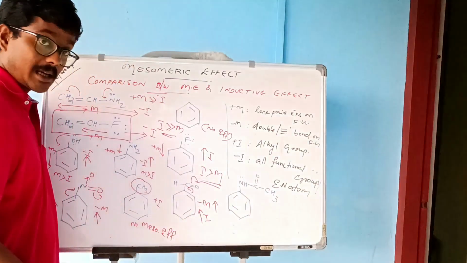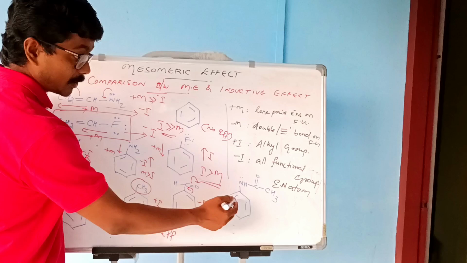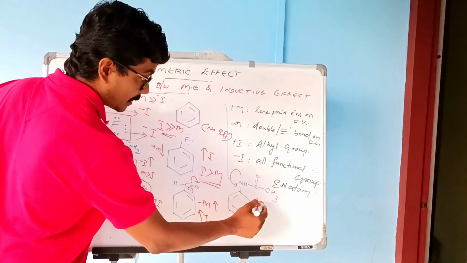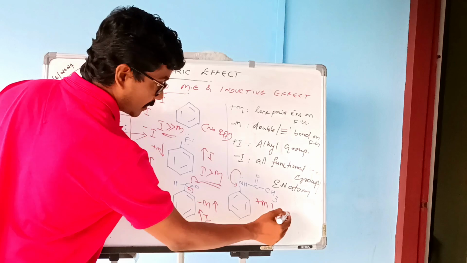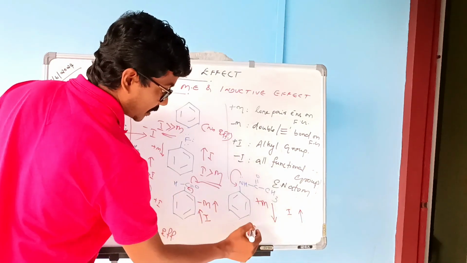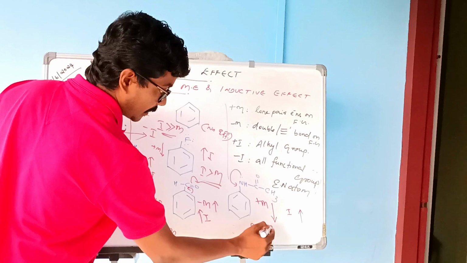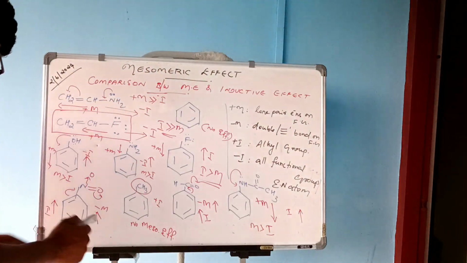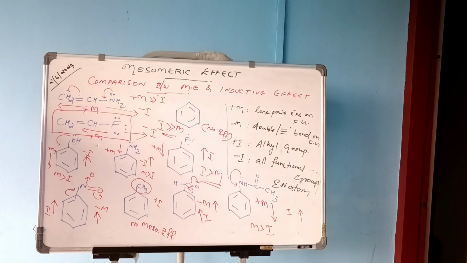In the case of an amine group bonded to a benzene ring, this lone pair will come here. So the plus M effect is in this direction, and the minus inductive effect is in this direction. Here, M is greater than I. Right?